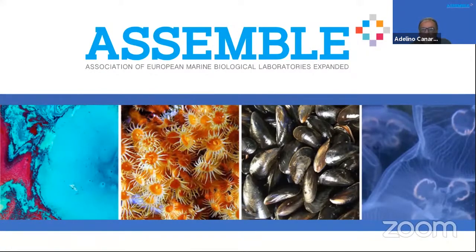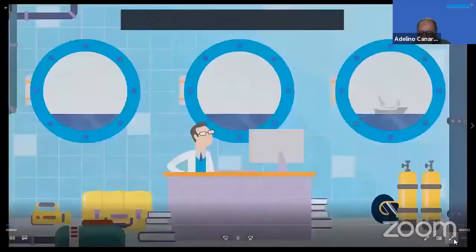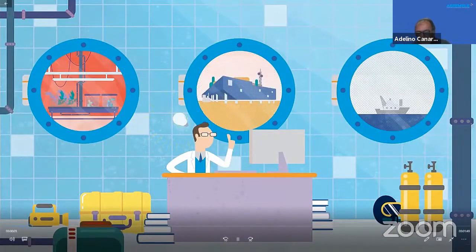First-class scientific research relies on effective, convenient access to tools, facilities, and data.